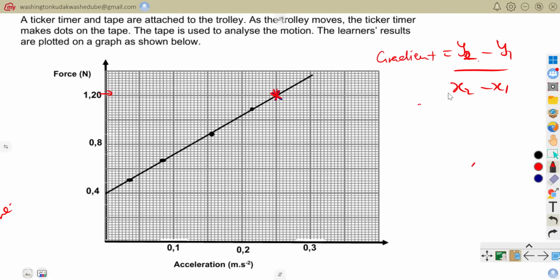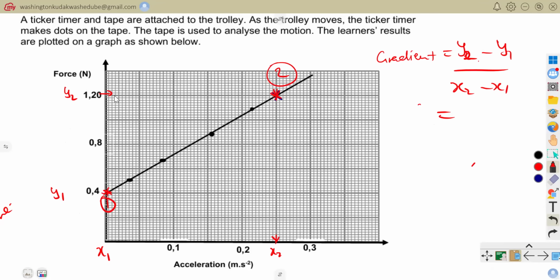So I'm looking for y2 and y1. This becomes my point 2, and this can become my point 1. This is y2, this is my y1, this is my x1, and this becomes my x2, which is this value.